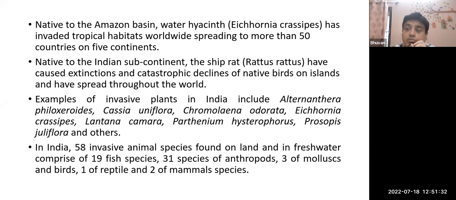They have very beautiful flowers, and for that reason they were introduced into various freshwater ecosystems, and now they have become quite a headache for these ecosystems. The second one is the rat. It is believed that from India only, these rats have spread all across the world, and they are especially impacting the birds, because they eat the hatchlings and also the eggs of the birds.